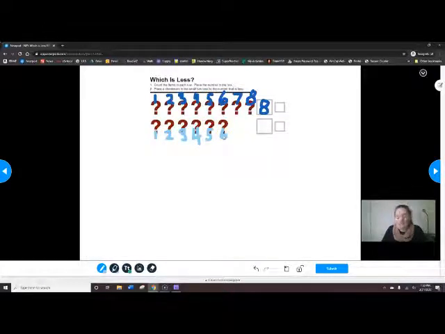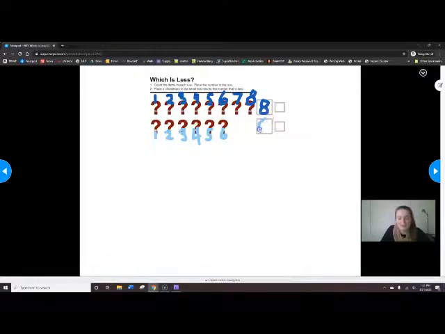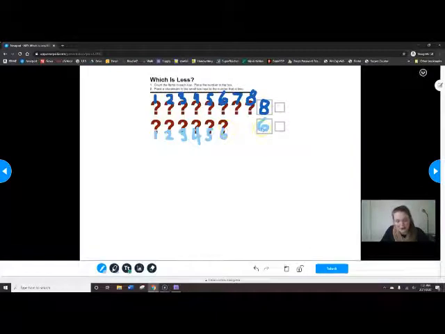It may help you to touch the screen when you count, and that's okay. Whatever helps you count. So I did forget to put 6 as my total of the second row.